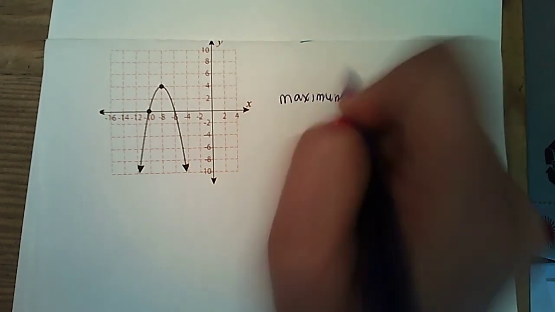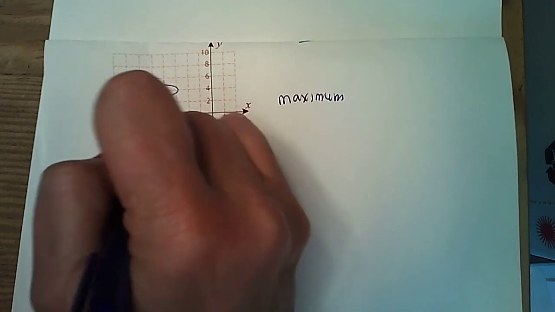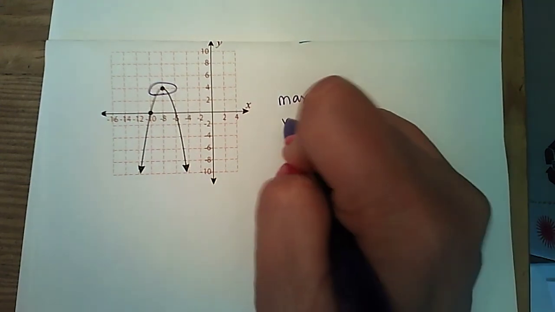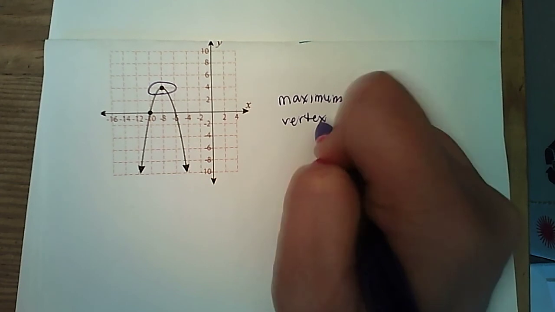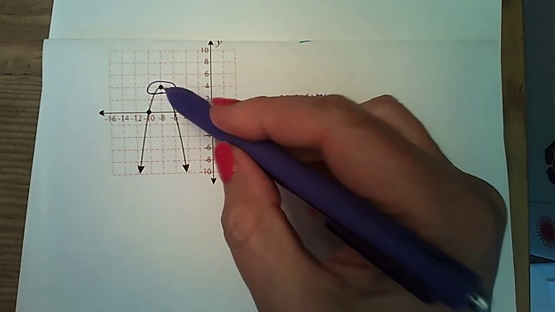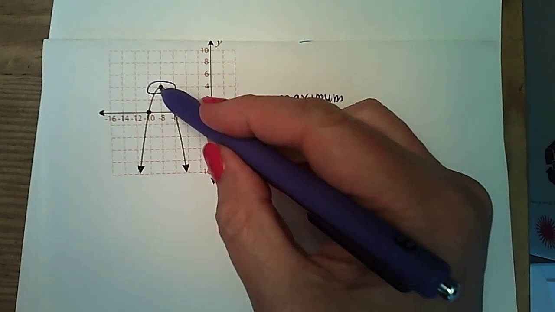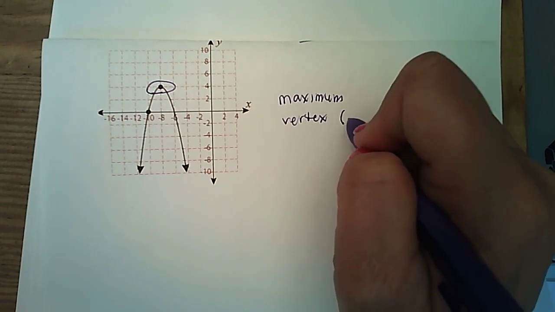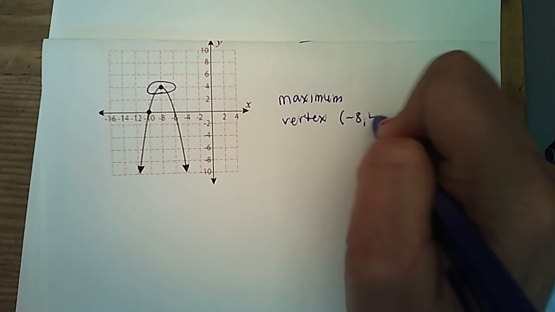How do I know that? Because this is the tippy-tippiest top of my graph. It's the max it can be. With that, I know that my vertex comes from that maximum, and that is the highest point on my graph. So my vertex here is, awesome, negative 8, 4.